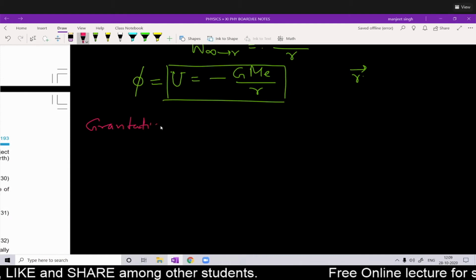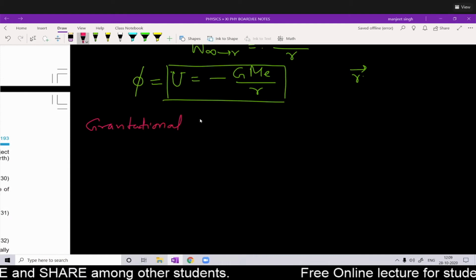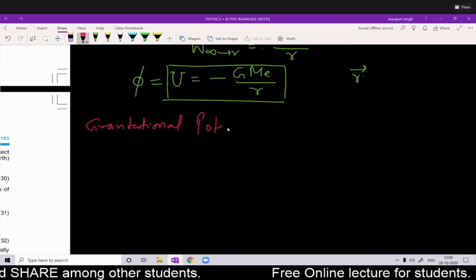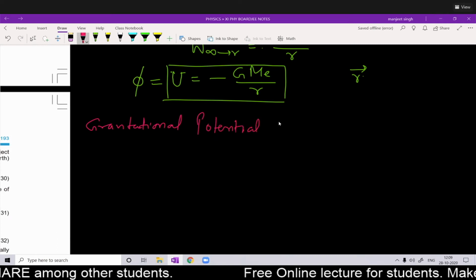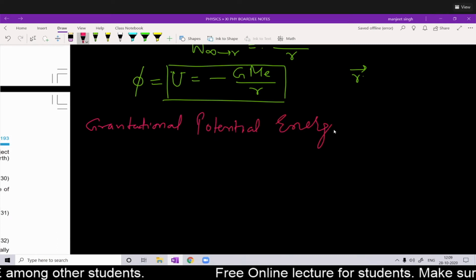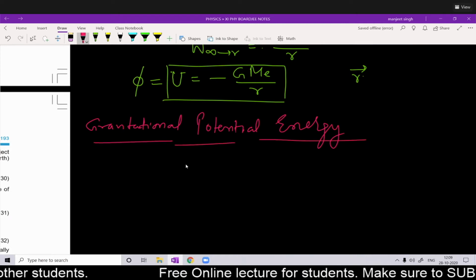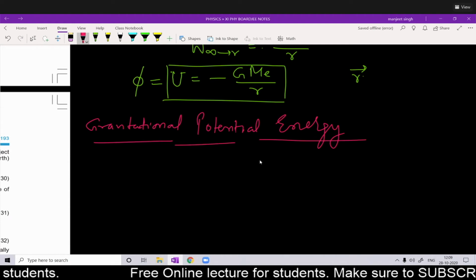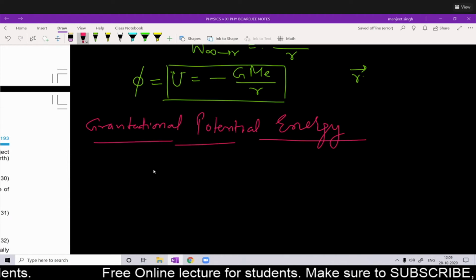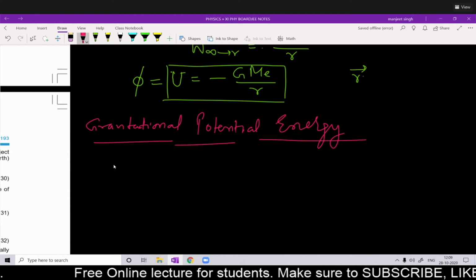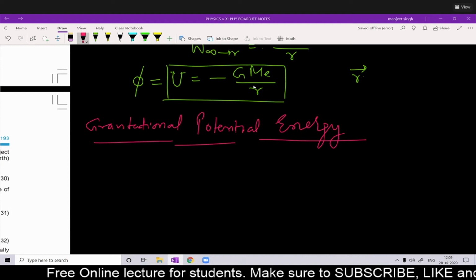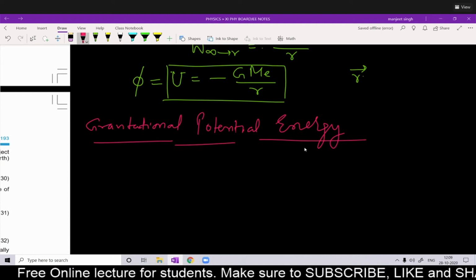Gravitational potential energy. Now, this gravitational potential energy is defined as the negative of the work done. The statement will be the same as before; there it was written for unit mass.